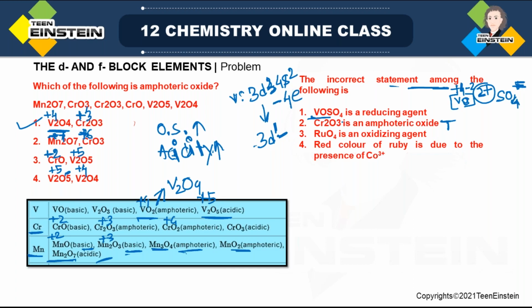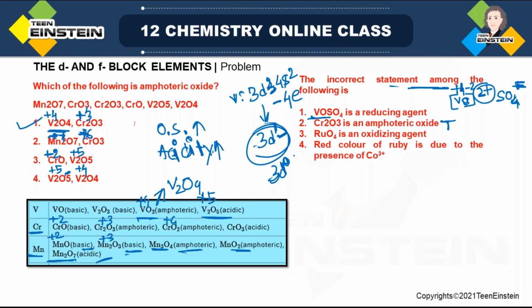Now if it is acting as a reducing agent, that is VOSO4, reducing agent means what? It will donate an electron. After donating 1 electron, 3d1 will be converted to 3d0. Now 3d0 is a stable configuration compared to 3d1.